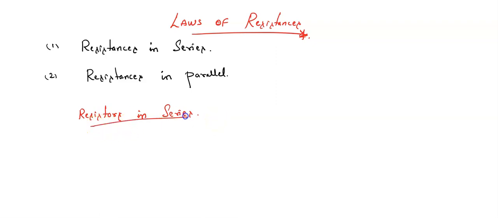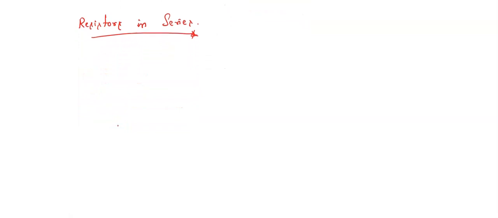Resistors are in series, or when the resistors are connected in series. Children, here we can expect one question. What is that? Please make a note. Write the circuit diagram.